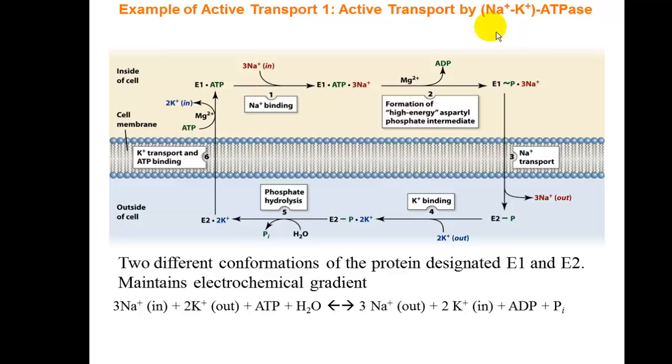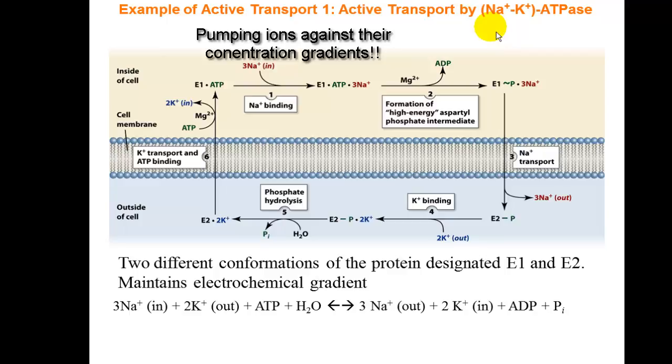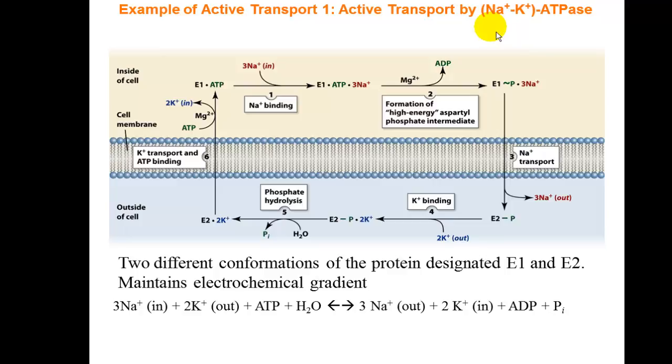And so what we're doing here is transporting sodium ion against its concentration gradient and potassium ion against its concentration gradient. Because normally sodium would like to go down its concentration gradient to the intracellular side, and potassium ion would like to go down its concentration gradient to the extracellular side. But notice what this ATPase is doing.